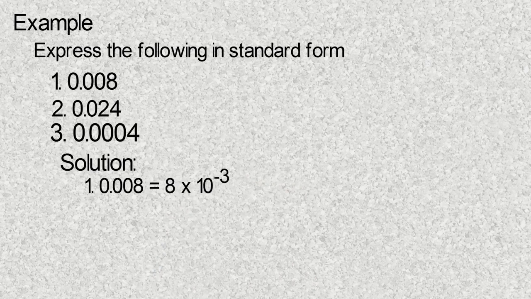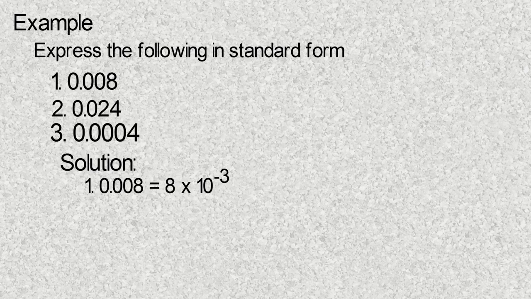I'm starting from the dot here, so I count the first 0, the second 0, and 8. So my decimal point will move to the front of it. I've counted 3 digits, and because I'm counting forward, my index will be negative.